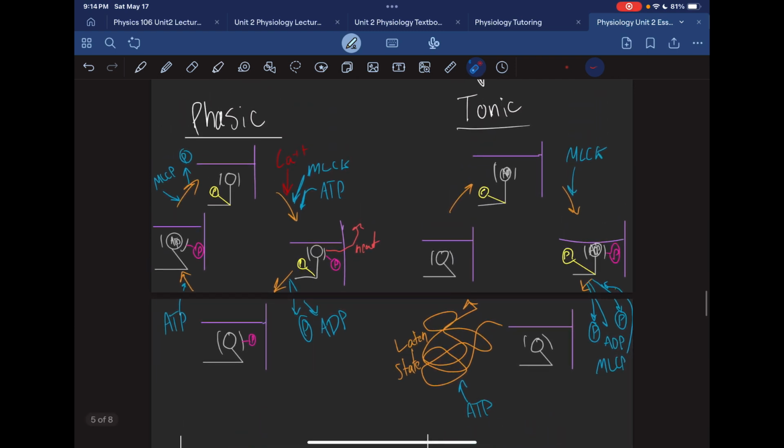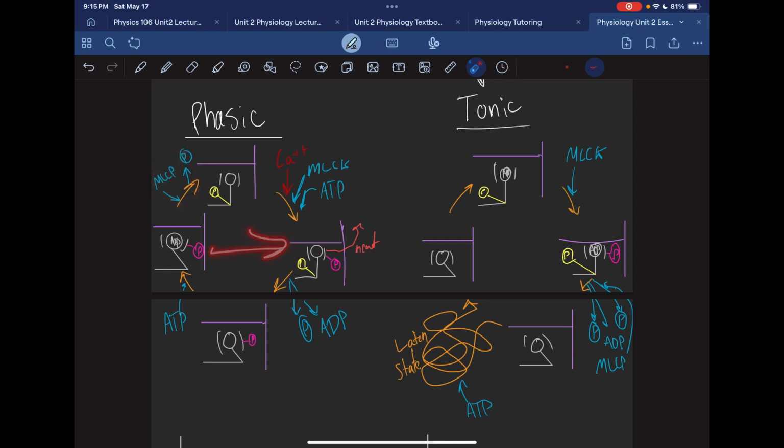And then we have phasic here, which is somewhat similar. It's activated by calcium. MLCK phosphorylates it, causing that ADP to attach. And then ADP leaves, and phosphate also leaves. But we keep the phosphate here that we received from the MLCK. And then we see that ATP is attached. But what's really interesting here is we don't always see it going this way.